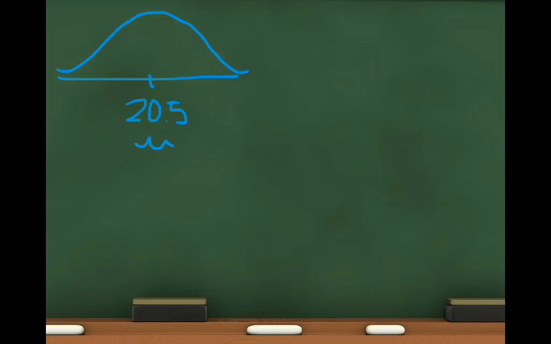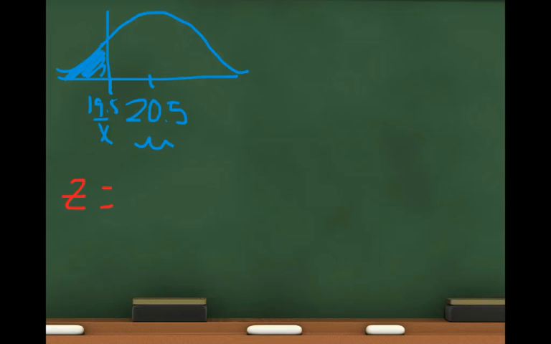And so our sample mean came out to be 19.5. And we want to see, what's the probability that their average mean is smaller than 19.5.